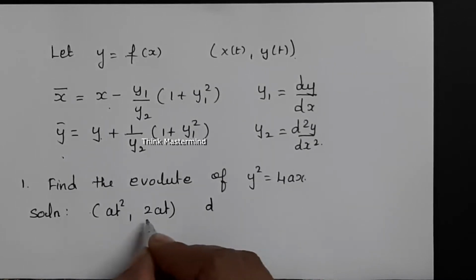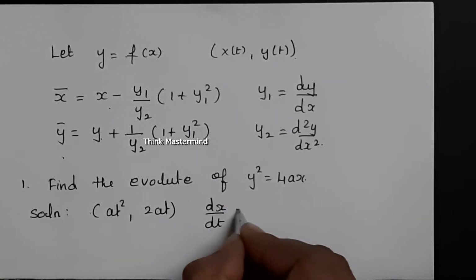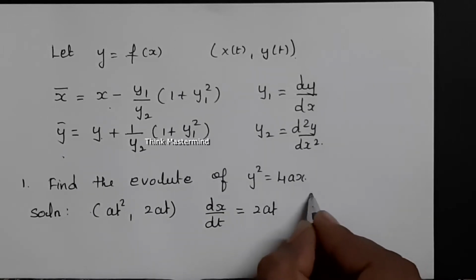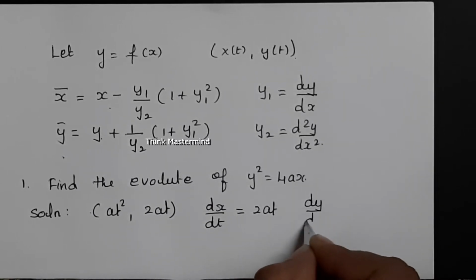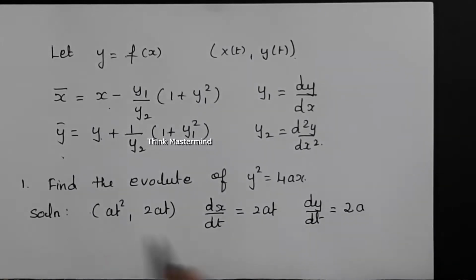Before that, I have to find dx by dt, that is equal to 2at, and dy by dt is equal to 2a.